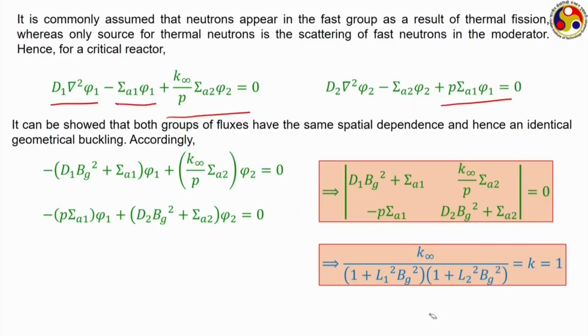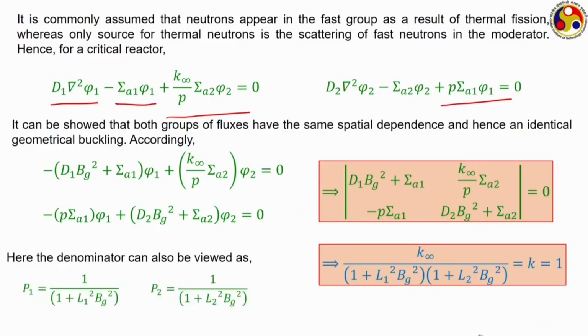Here the denominator can also be viewed in this way: 1 plus L1 square Bg square can be thought about as the fast neutron non leakage probability, whereas the reciprocal of 1 plus L2 square Bg square can be viewed as the thermal neutron non leakage probability.